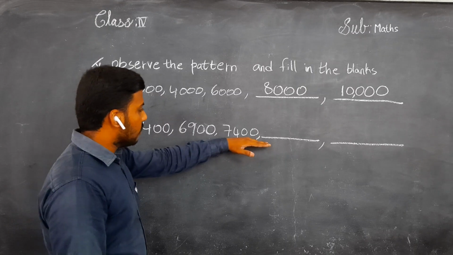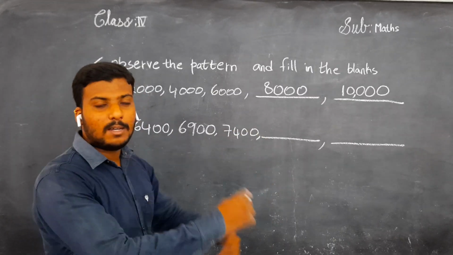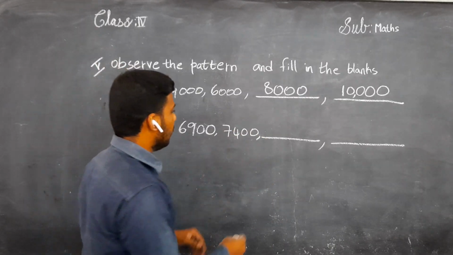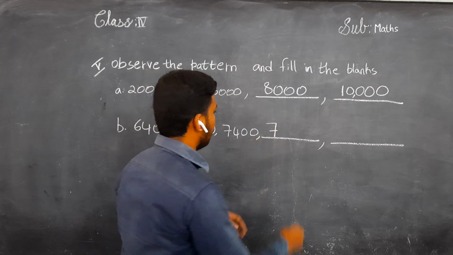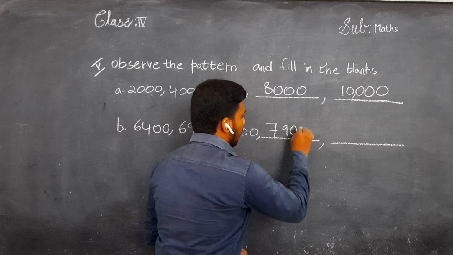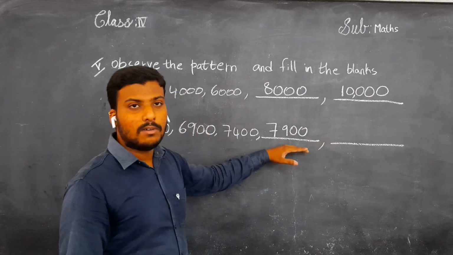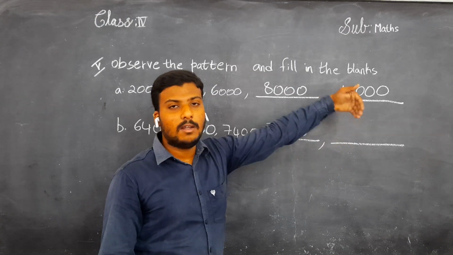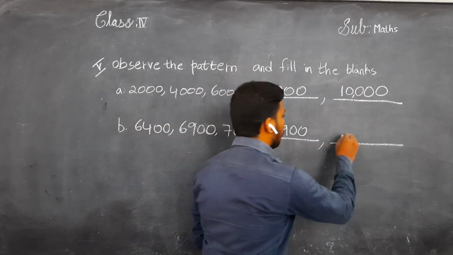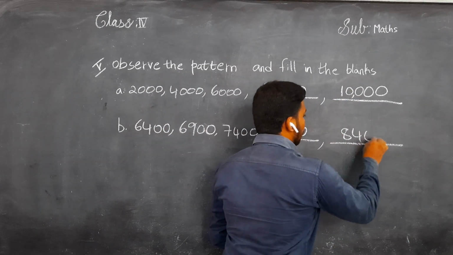Next, after 7400, what is the next number? See, that is 7000, 5, 6, 7, 8, 9, 7900. After 7900, there is a difference of 500. Later, what number will we get? That is 8400.